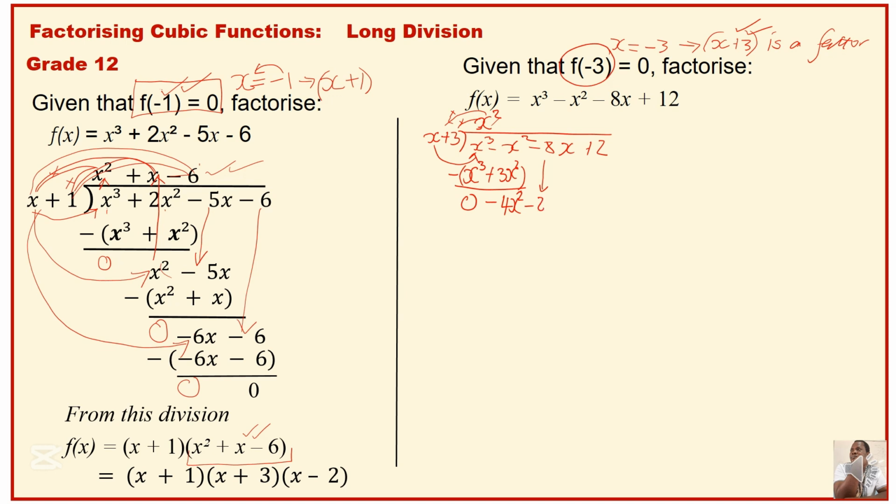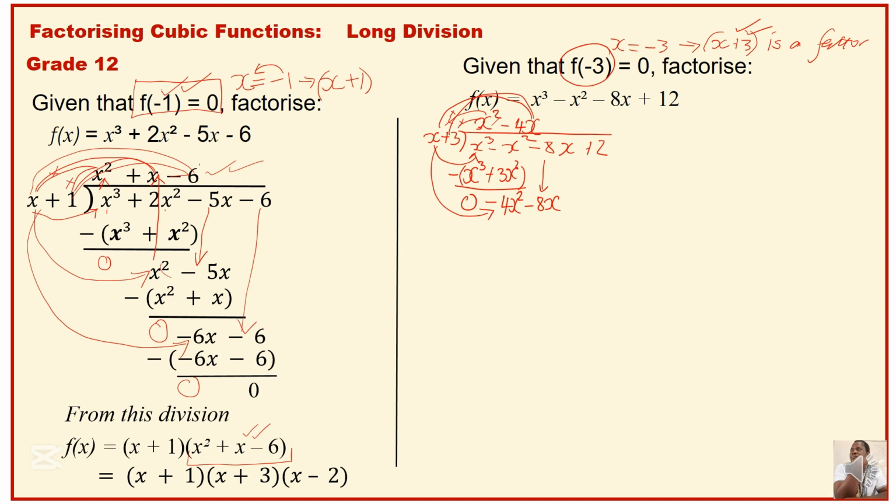Then you start the division again. So this x will divide into that term. X into negative 4x squared, that will give me minus 4x. The answer that I wrote on top, it multiplies those two numbers one by one, writing the answer at the bottom here.